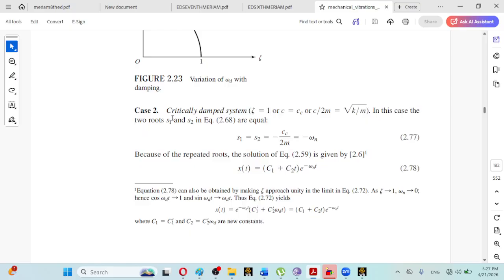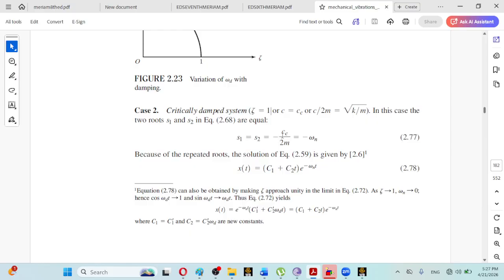In this case, the two roots S1 and S2 in equation 2.68 are equal. We are familiar that if the discriminant part is 0, both the roots of the quadratic equation are always equal. So S1 and S2 are equal to minus C by 2m. As we are familiar that C is equal to 2m omega n, 2m by 2m will be cancelled out, and S1 and S2 will be equal to minus omega n.